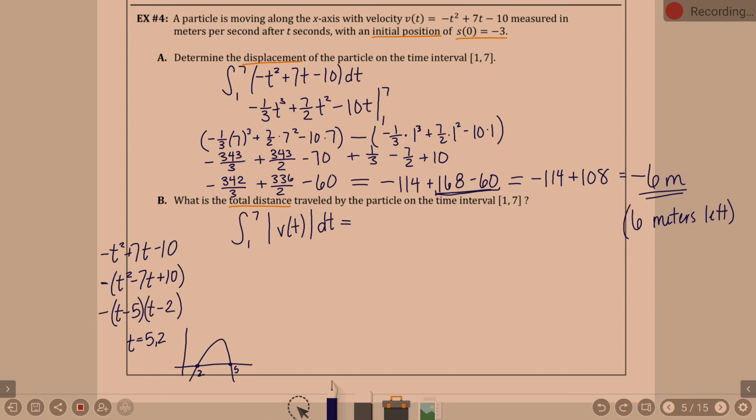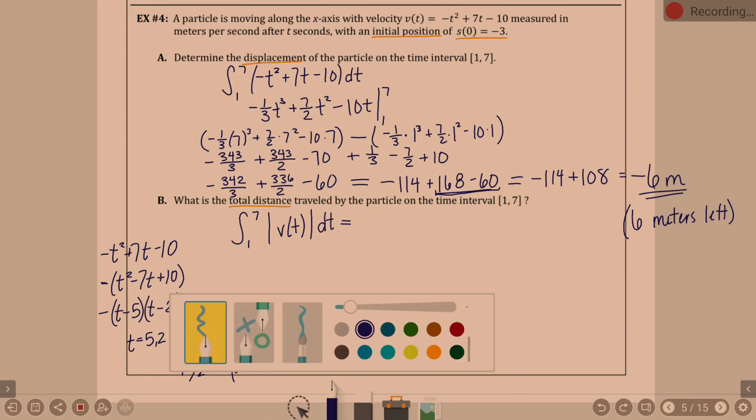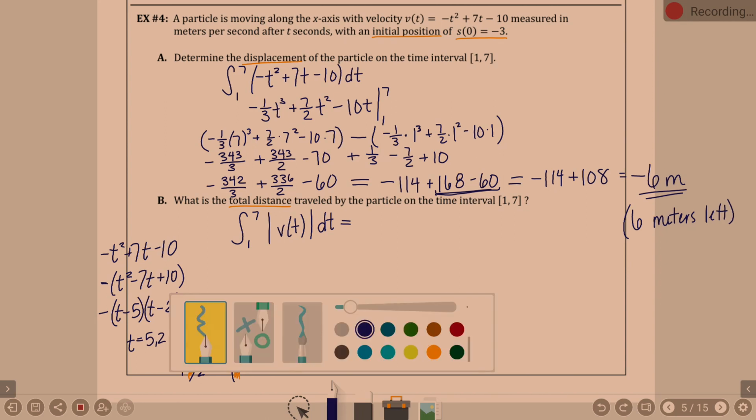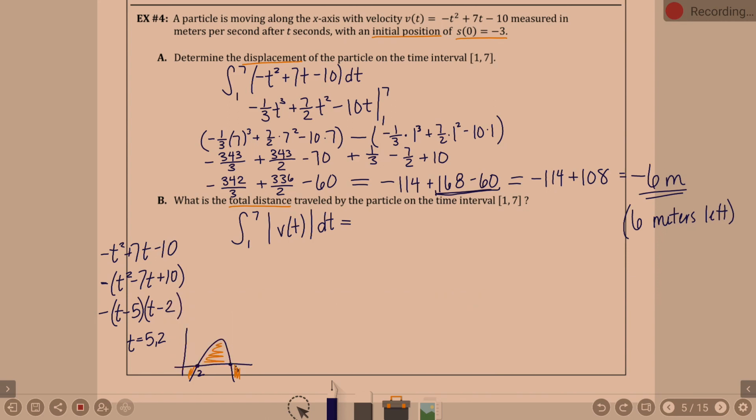Okay, when we're looking at this, what are we going from, 1 to 7? We're going to have some underneath piece here, some above piece here, and some underneath piece there. So what we need to do to consider this, when you're doing this by hand, is break it up into multiple integrals.